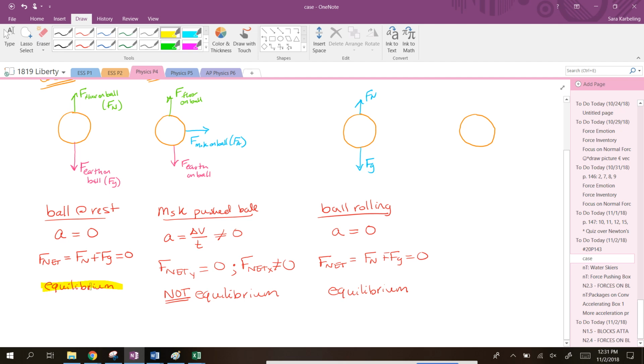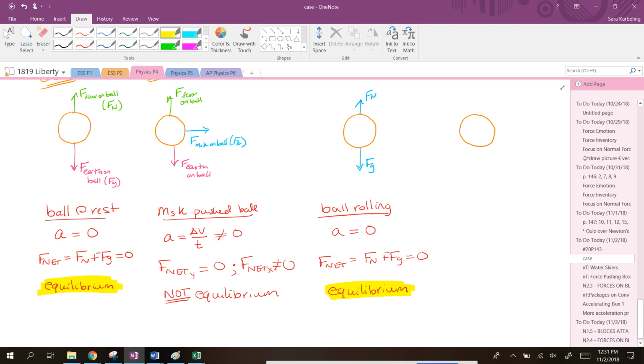It's weird. For the last decade when I've been teaching this, people don't want to believe me, but if you back up and think about it from the fundamentals, this situation and this situation are exactly the same.